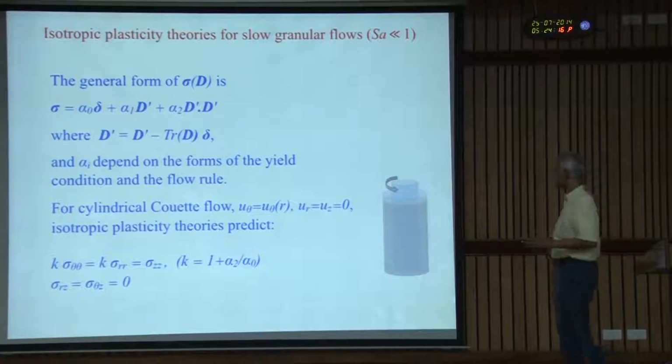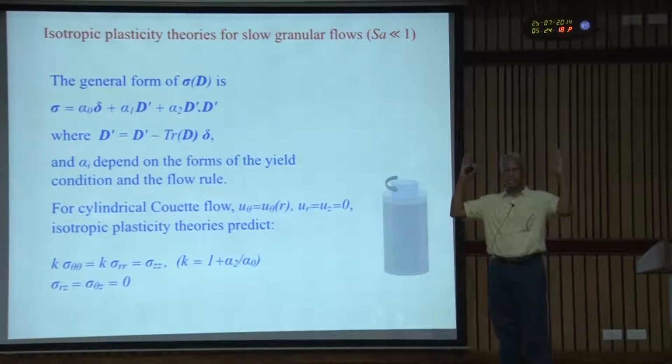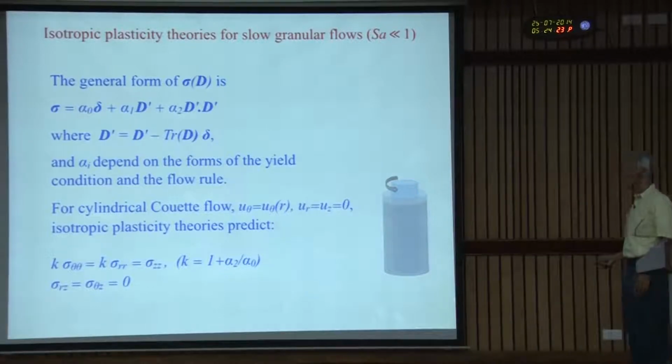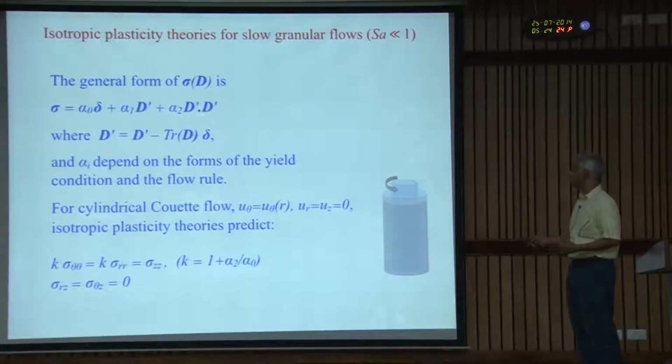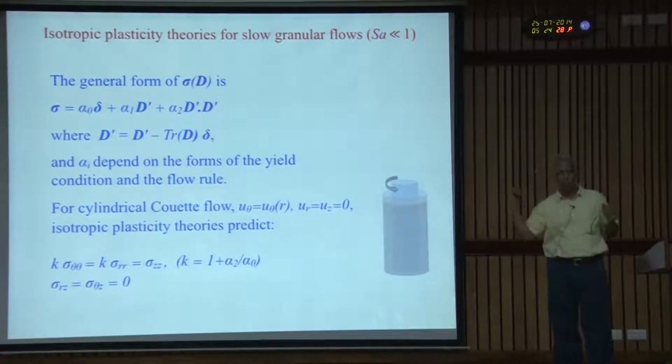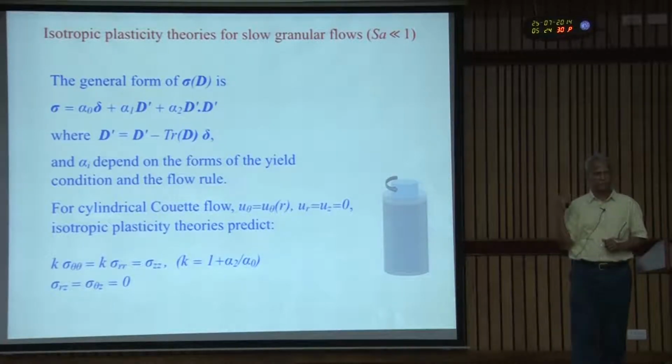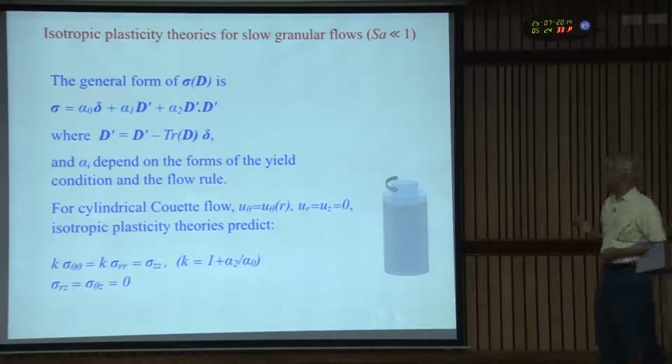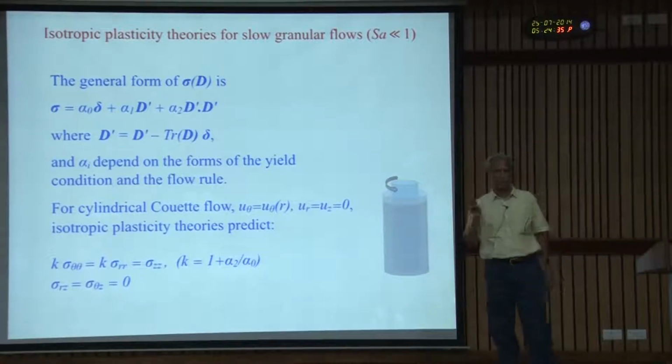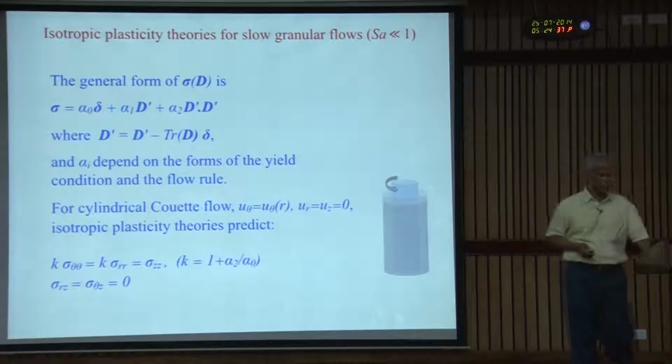So unlike in a static column where the vertical stress is not 0 and the column holds up the weight of the material, here all these theories suggest that there should be no vertical stress the moment you start shearing the column. So is that indeed the case? I mean, that was the original motivation for our study.